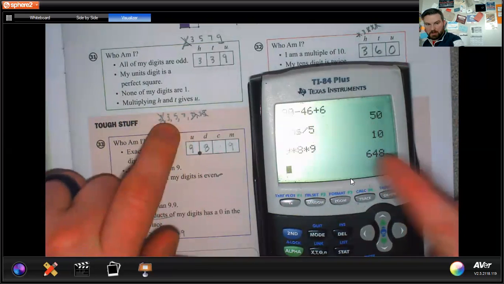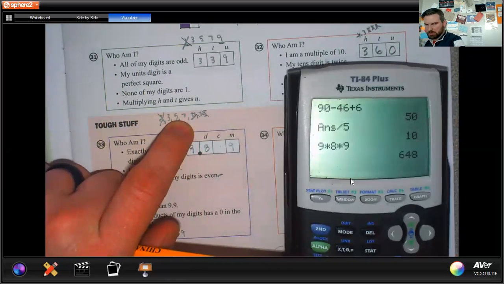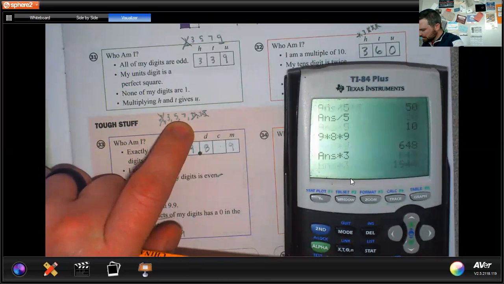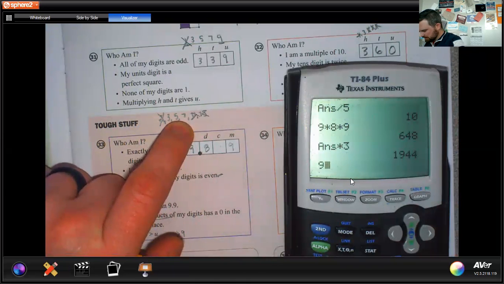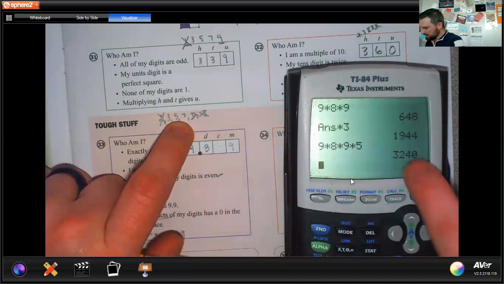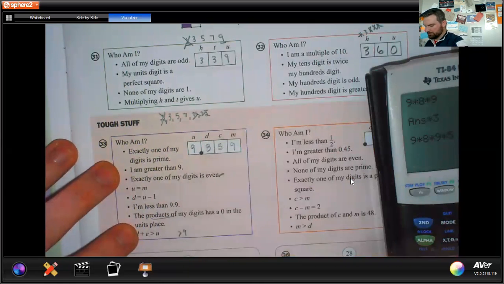Now, if I multiply it by 3, 5, or 7, I'll get a 0 in the units place. So if I take that times 3, I don't get a 0 in the units place. So we're going to go 9 times 8 times 9 times 5. Oh, I got a 0 in the units place, so this number has to be a 5.